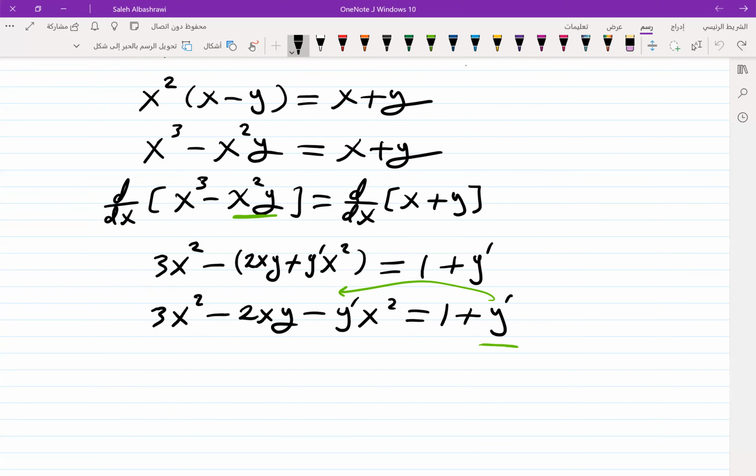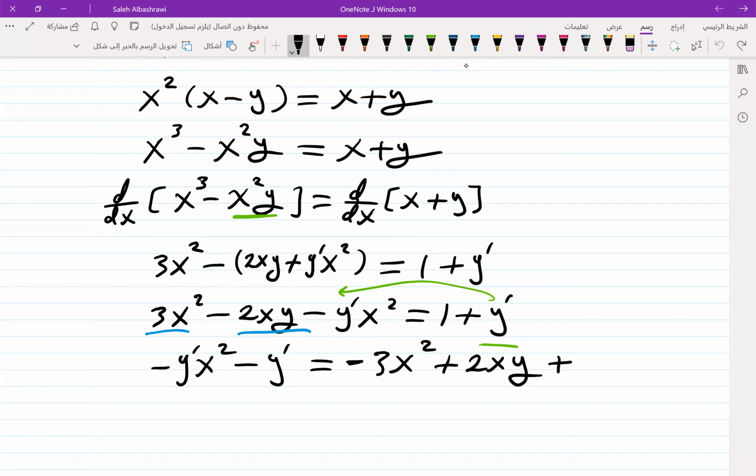So in that case, I have minus y prime x squared minus y prime equal to, if I move this one, I will have minus 3x squared. This one will give me plus 2xy plus 1.